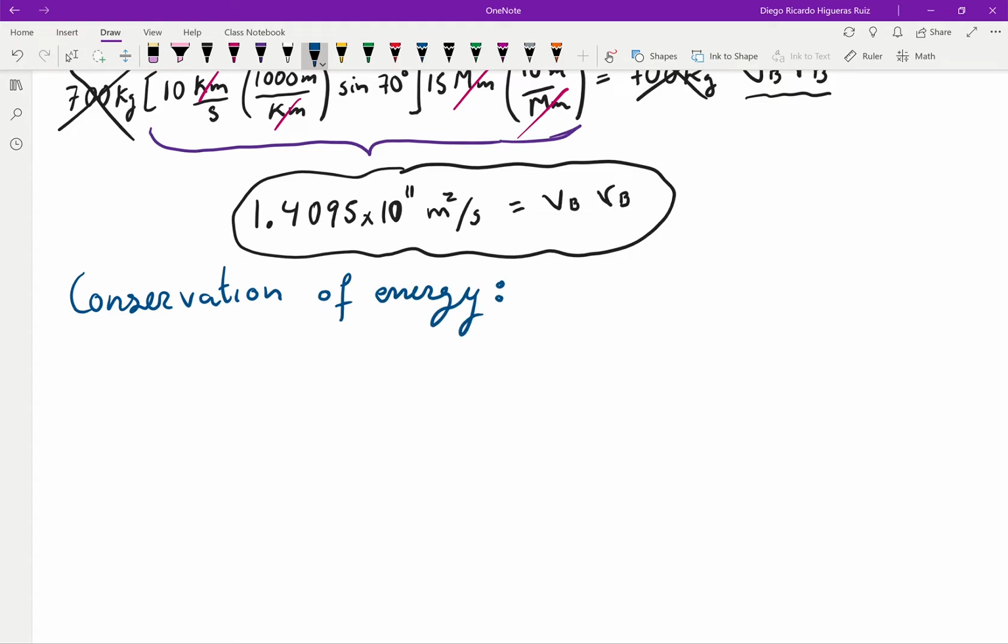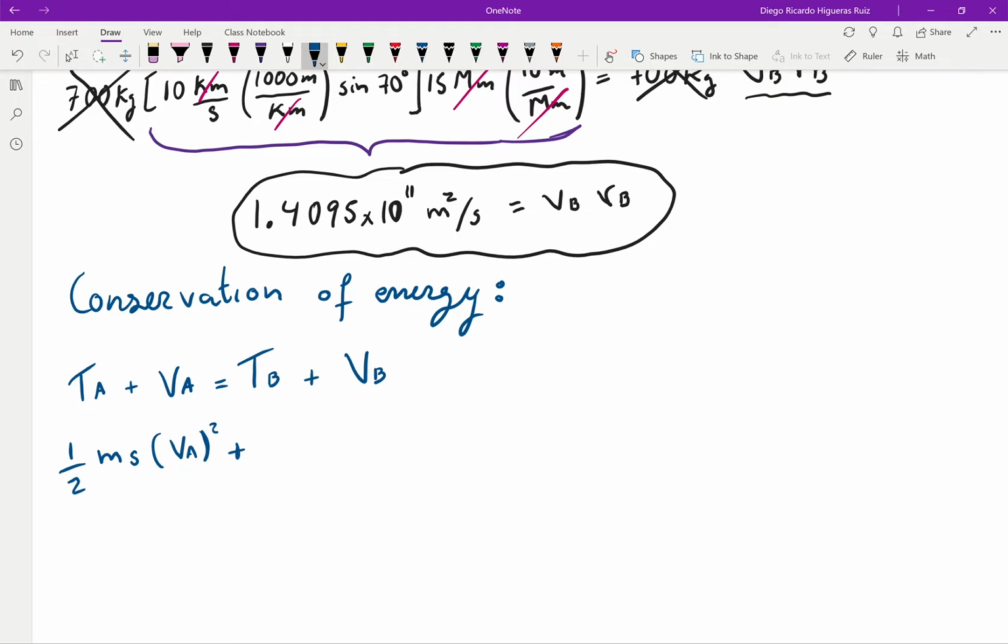There we go. So we're going to have kinetic energy plus potential energy equal to kinetic energy at state B plus potential energy at state B. The kinetic energy is just 1/2 times the mass of the satellite multiplied by VA, and that term is squared, plus the potential energy.